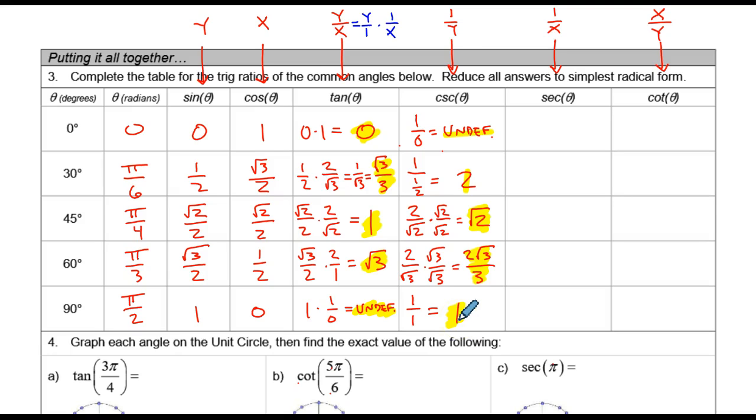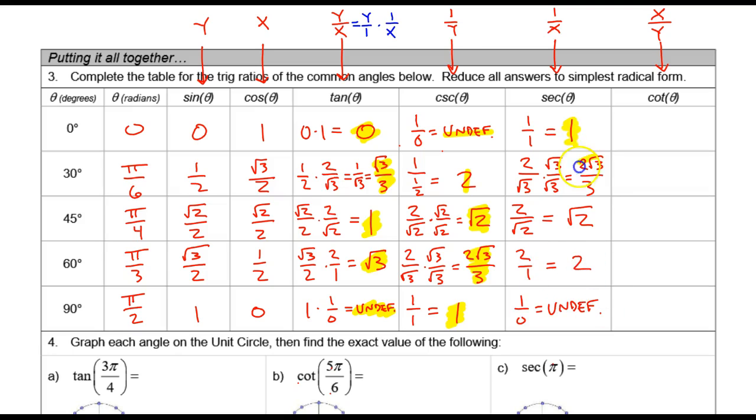Let's go ahead and look at secant now, which is 1 divided by x, or 1 divided by the cosine ratio. There you have your secant ratios: 1, 2 root 3 over 3, root 2, 2, and undefined.